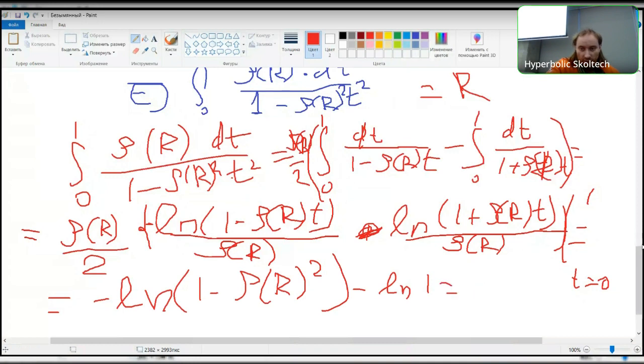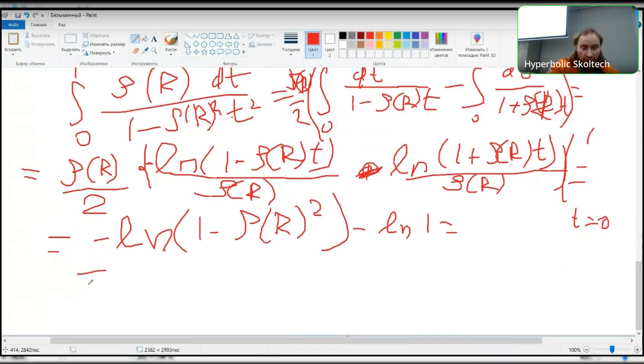And so now we have that this equals minus logarithm of 1 minus rho of r squared.